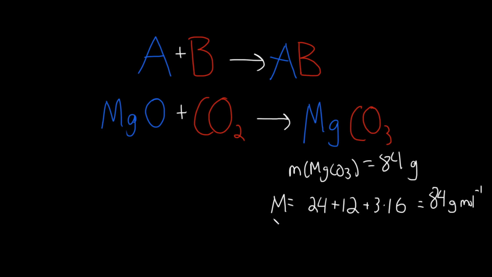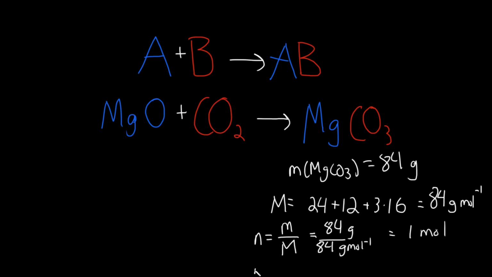The next step is to find how many moles of magnesium carbonate we have. So now we use the relation n equals m over M, where n is moles, small m is mass, and big M is molar mass. And we see that we have 84 grams over a molar mass of 84 grams per mole, which becomes 1 mole.